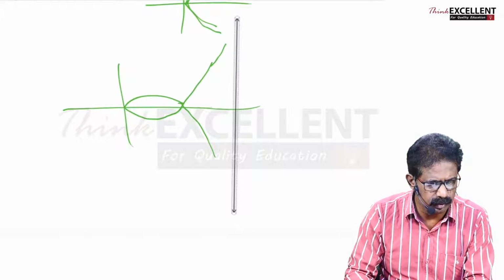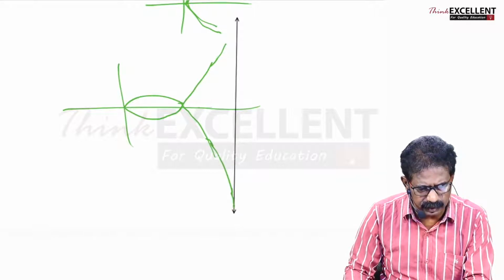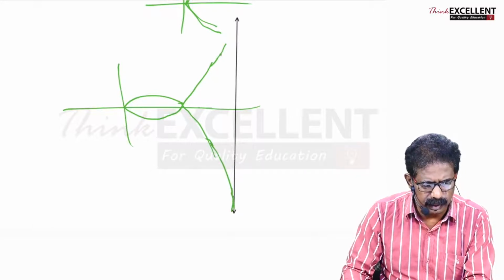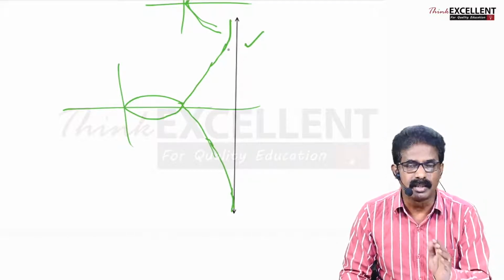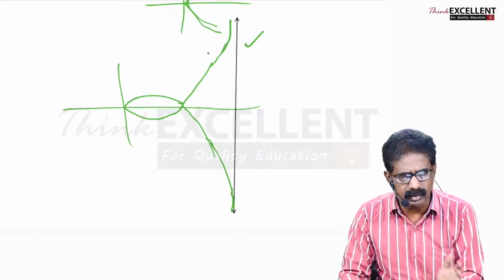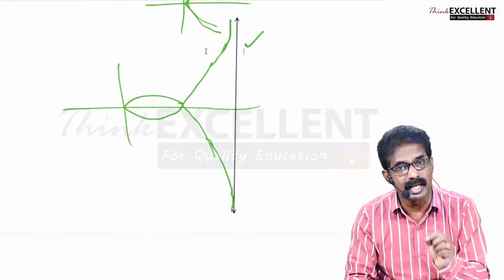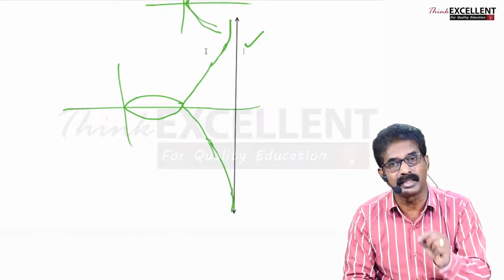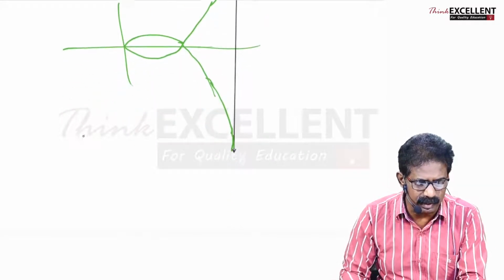The curve is very close to the line, but it never touches. That line we call an asymptote. It looks like a tangent, right? But a tangent touches at one point. An asymptote touches only at infinity. So it never touches. Such a line we call an asymptote.